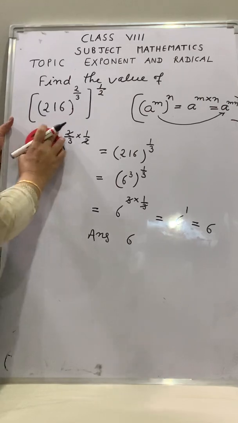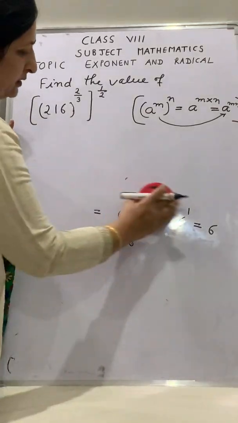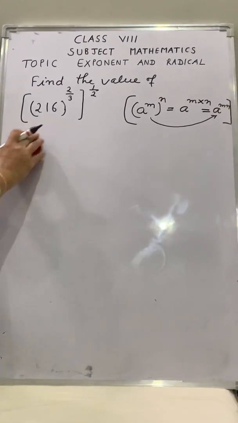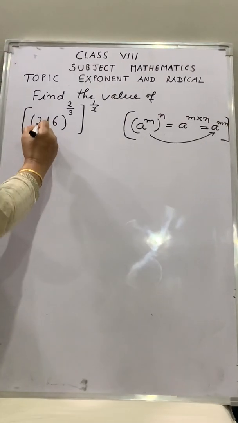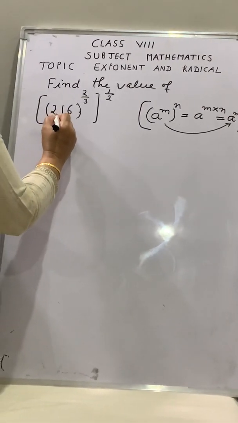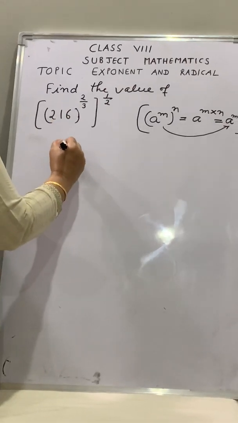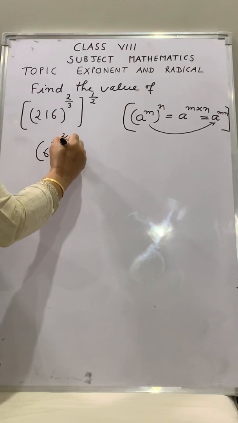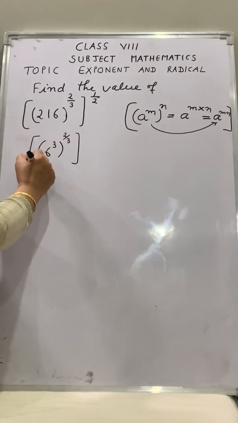Now you can solve this question by using the base first. 216 is the base. You can write it as 6 raised to power 3, here 2 by 3 whole power 1 by 2.